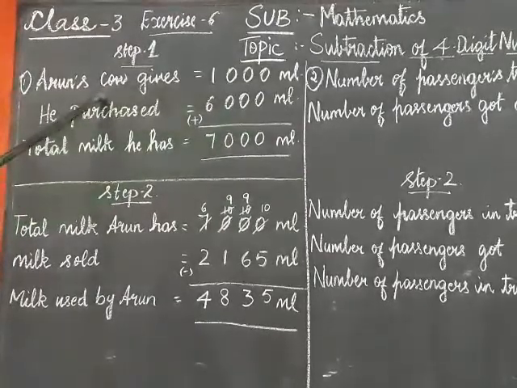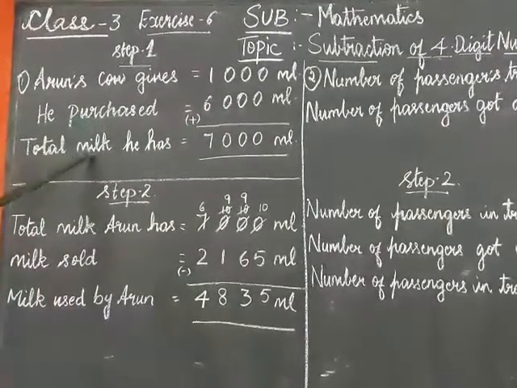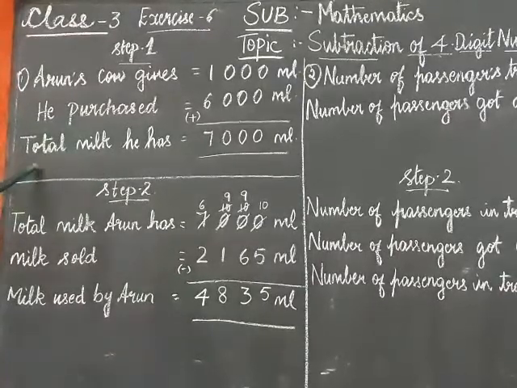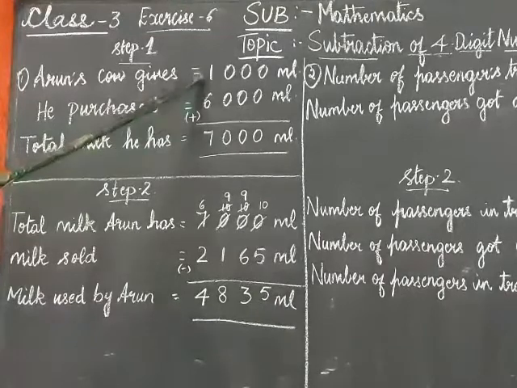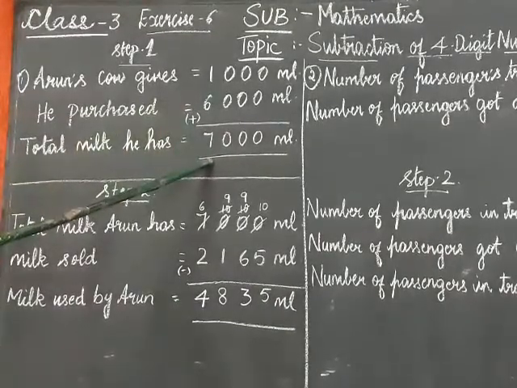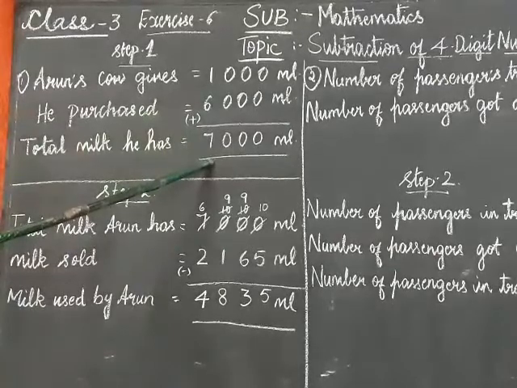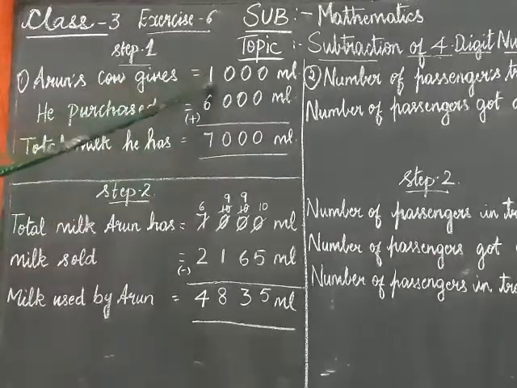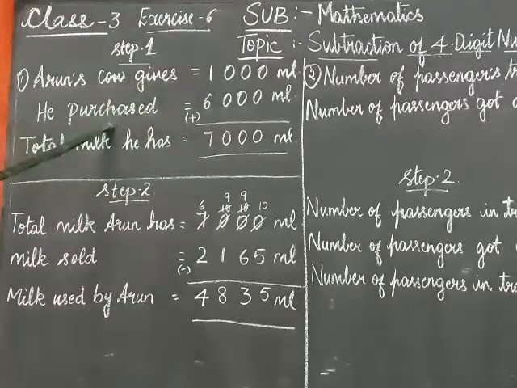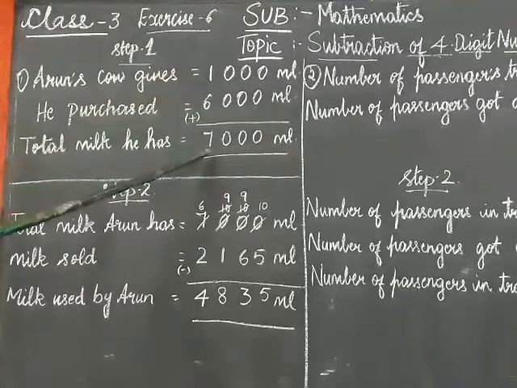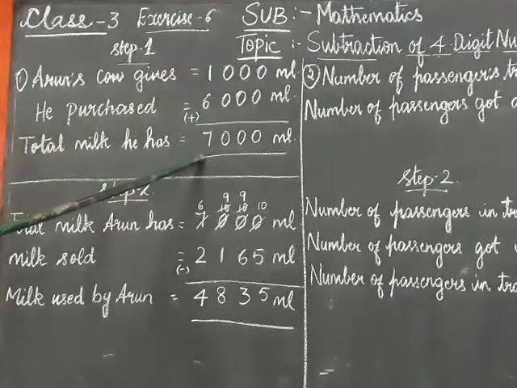Now, the total amount of milk that he has, we should add these two and we get the sum, that is 7000 milliliters of milk he is having at present.